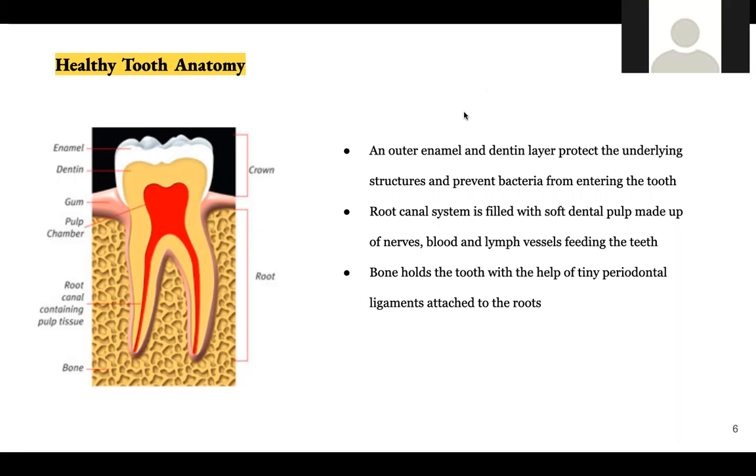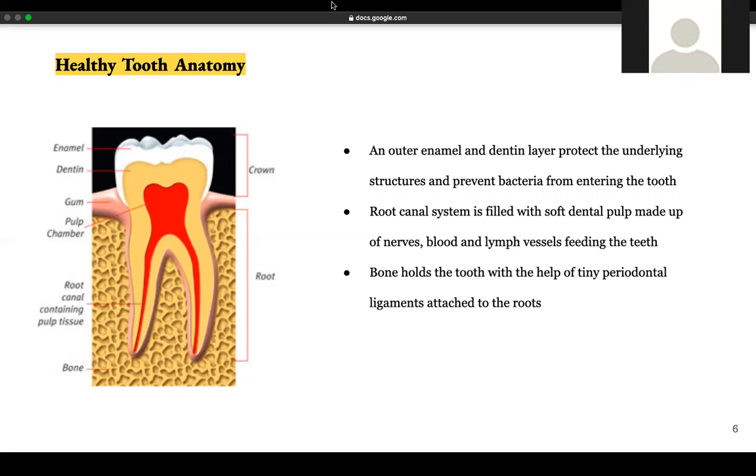The crown is made up of an outer enamel and dentin layer that serves to protect the underlying structures and prevent bacteria from entering the tooth. And making up the root is the root canal system that is filled with soft dental pulp made up of nerves, blood, and lymph vessels that supply the tooth.